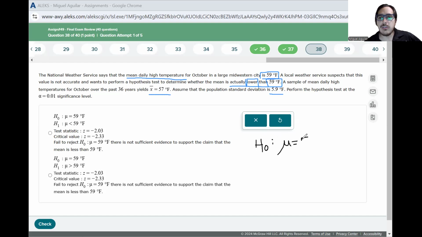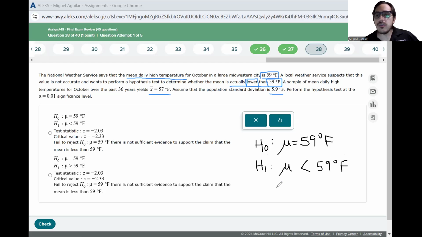Again, that there is no change from what the National Weather Service reported, 59 degrees Fahrenheit. The alternative hypothesis, based on the local weather service, they think that based on data that they're collecting, the mean mu is actually going to be less than 59 degrees Fahrenheit. Just bear with me as I write this out on the screen.